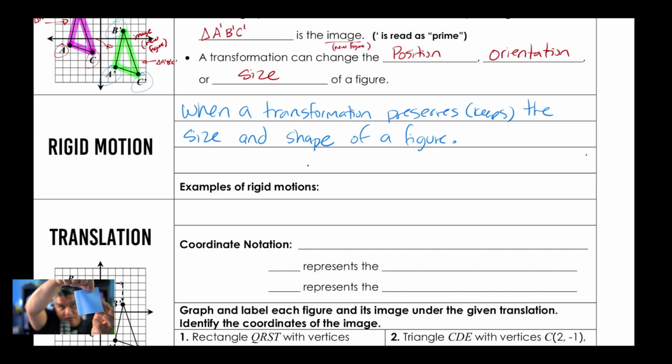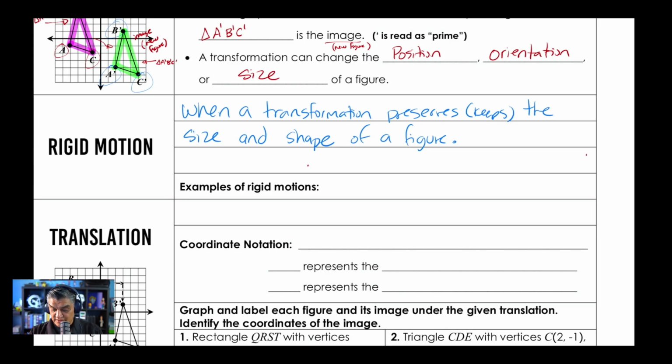If here's my original, and I move it in a rigid motion, that means it stays the same shape, it stays the same size. That means these two squares are exactly the same. So if we think about exactly the same, that means congruent, mister. Very good. Very good. That means congruent. Yes. Good job. Good job. That means congruent.